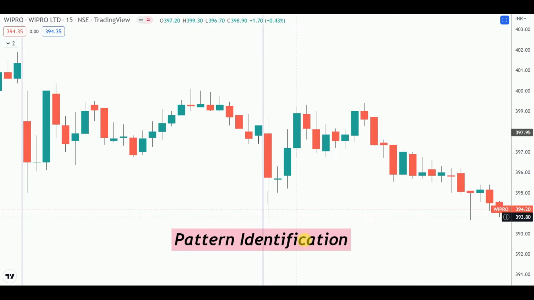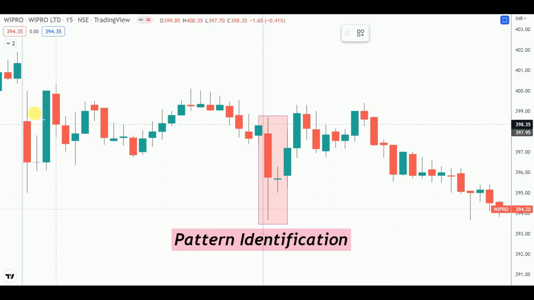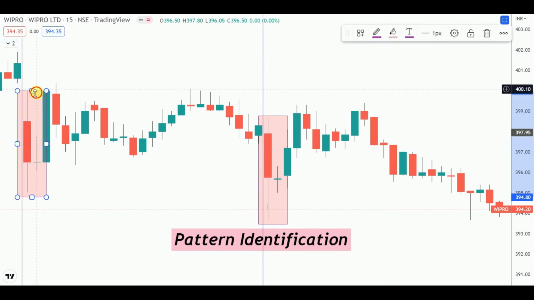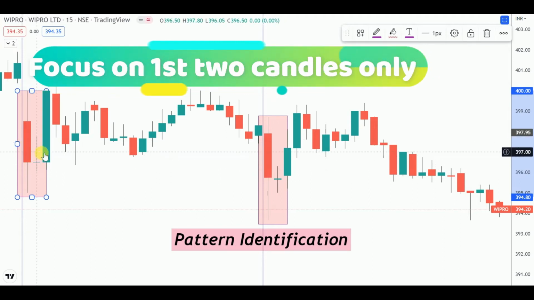As you can see on the screen, these first two candles are a pattern of inside bar because the high and low of the second candle is completely within the high and low of the previous candle. Same thing has happened in this bar as well, where the boundary of the second bar has been contained within the range of the first bar. This is called an inside bar.